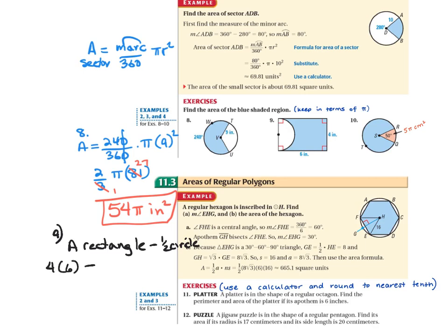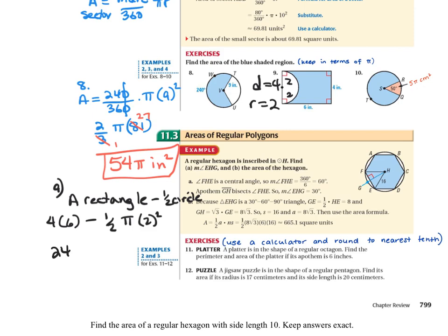And then for my circle, they gave me a diameter here of 4. So I'll turn it into a radius of 2. Again, for this, area of a circle is pi r squared, so 1/2 pi times radius squared.